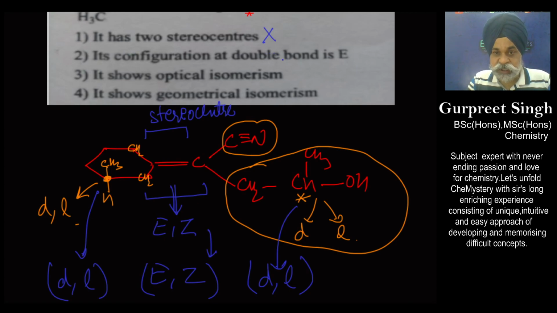Now, the configuration at the double bond is E or Z. E is like the alphabet E, where the groups are on the same side, but it would be said as a trans type of species. Why I am saying it this way is because when you start numbering from the priority series, this is 1, this is 2, and on this side, this is 1, this is 2.